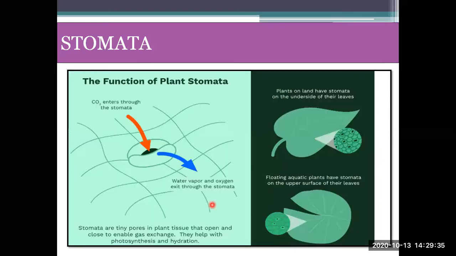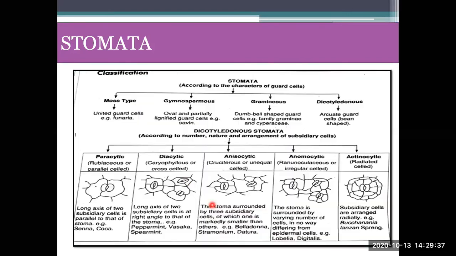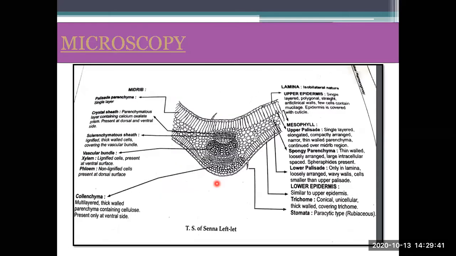So now you do one thing: take down the stomata and this classification and this microscopy.